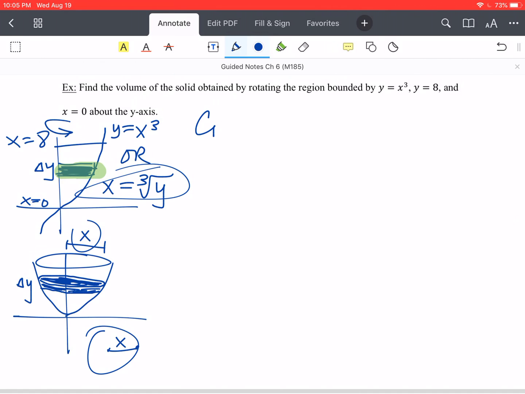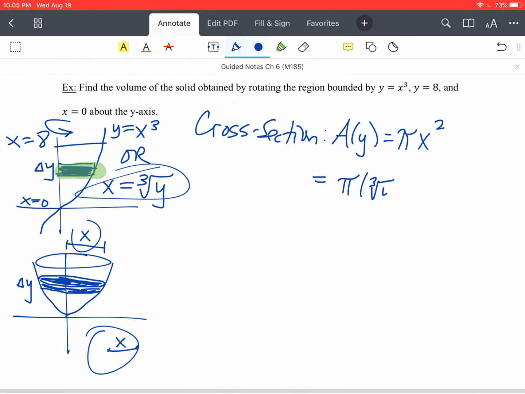So our cross-section, its area, is going to be A of y equals pi times radius squared, the radius is x, so that's pi times the cube root of y squared, or pi times y to the 2/3 power. Okay, write that using a rational power instead.